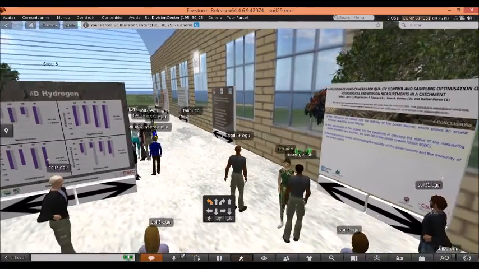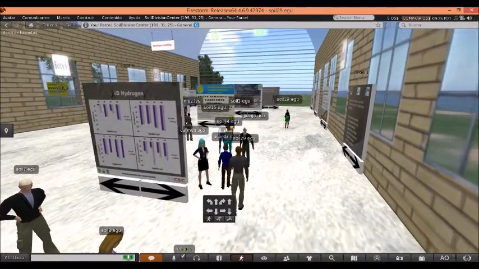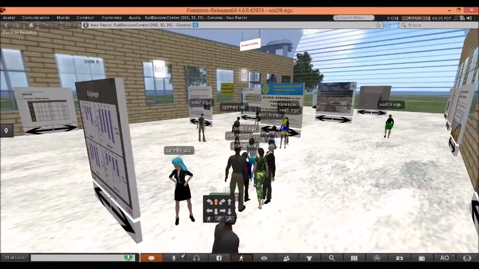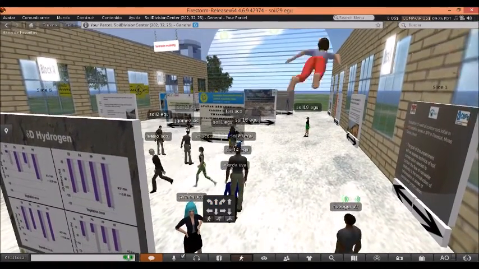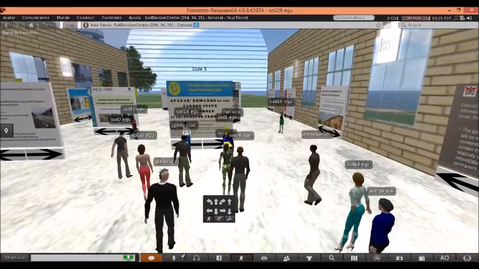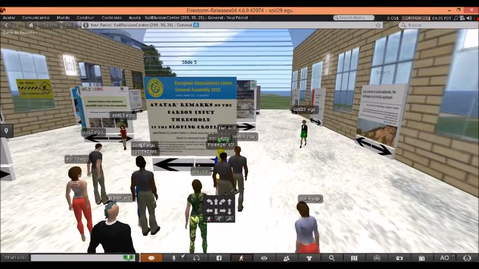Okay, let's follow soil 1. Soil 1, because this is Agatha, and she will find where we have to go to look at her presentation. The only problem is that I have to find soil 1. Here. Okay, we are here. I will stand.